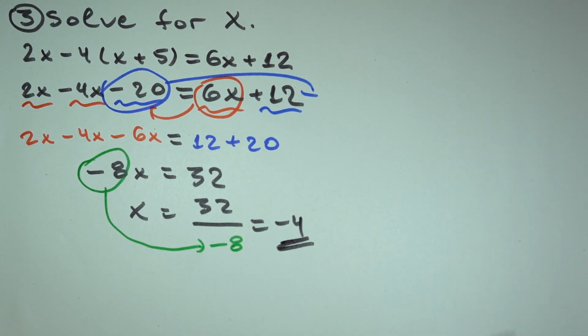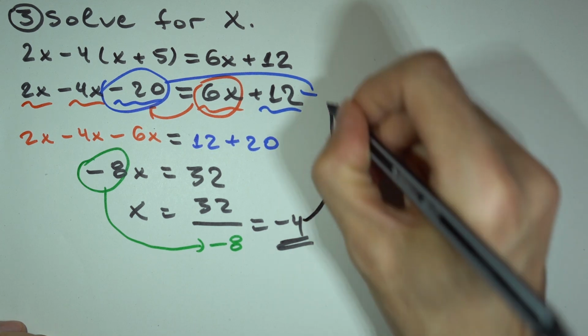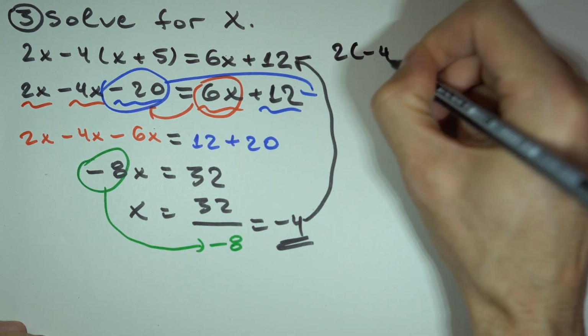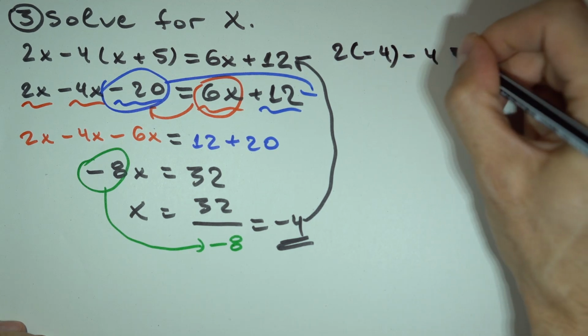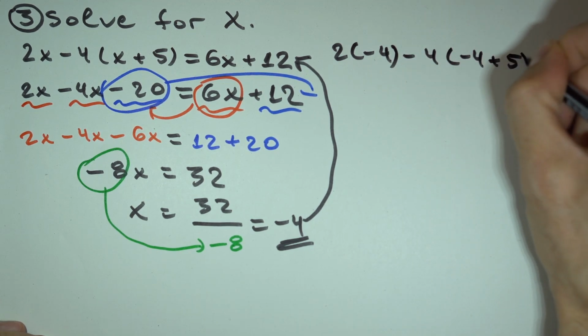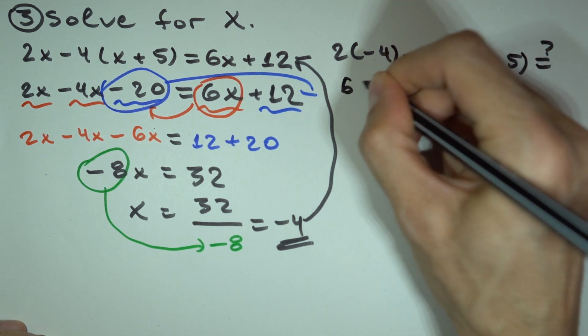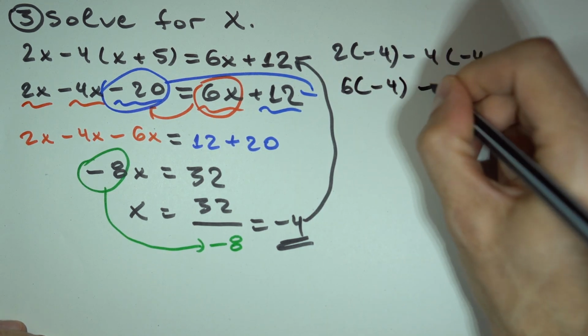Again, we have to check whether this is correct. That's why we take the minus 4 and we go there. We have 2 times minus 4, minus 4 times minus 4 plus 5 on the left-hand side of the equation, and on the right-hand side we have 6 times minus 4 plus 12.